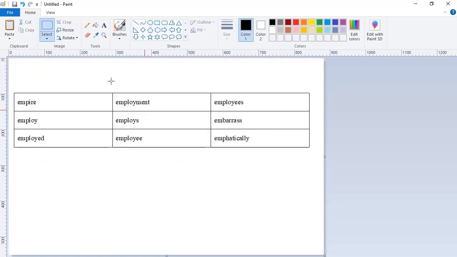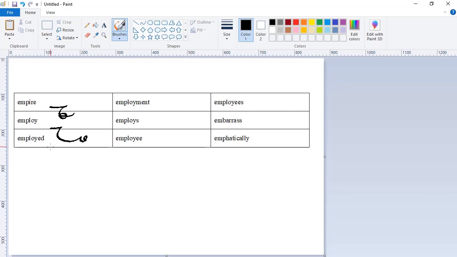Okay, so we have empire. Empire is stroked as M-P-I-R. Empire. Next, employ. M-P-L-O-E. Employ.